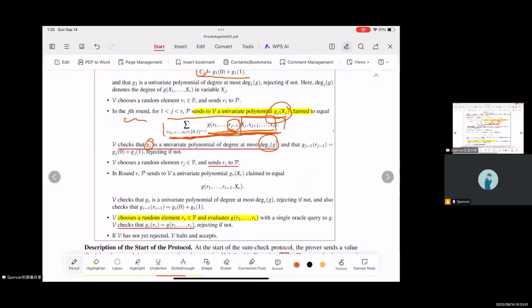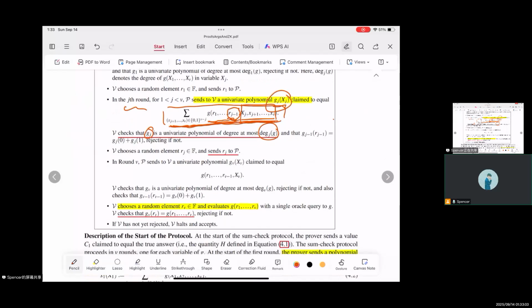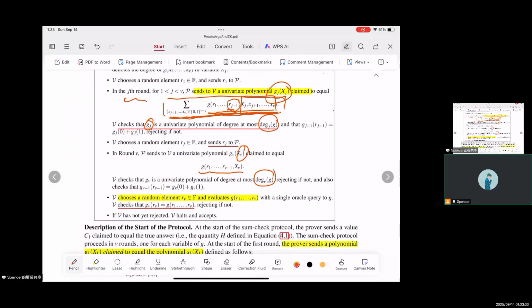So in the last round, the final one, round v, the prover sends to the verifier a univariate polynomial Gv(Xv) claimed to equal to this one. Now we're familiar with this because now xv is the last variable for this polynomial, and the verifier checks that Gv is a univariate polynomial of degree at most the degree in xv, rejecting if not.